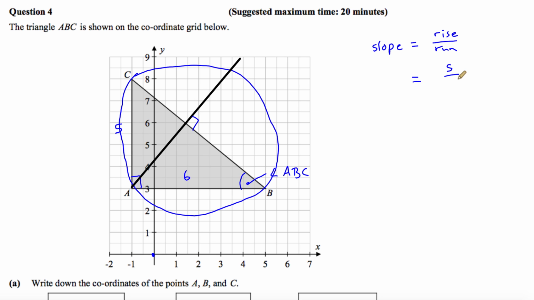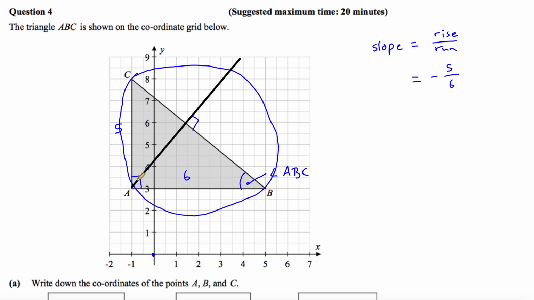I've already got them marked in from earlier, so 5 over 6. However, this line is sloping from down on the right up to the left, so that's a negative slope. Negative slopes go up to the left and positive slopes go up to the right. So that's got a slope of -5/6. That's the slope of the line BC.